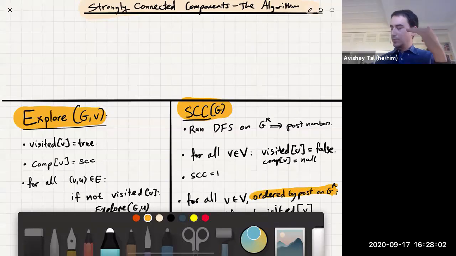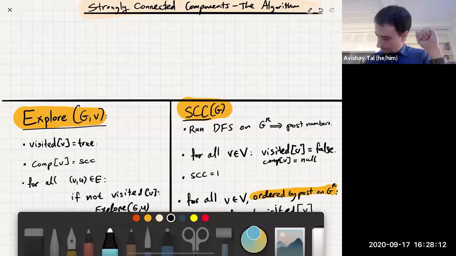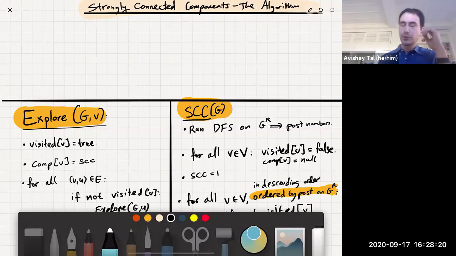And by order, I mean that we start with the one with the highest. Okay, so this is in descending order. Right, so we start by exploring from V, which has the highest post number in the reverse graph.